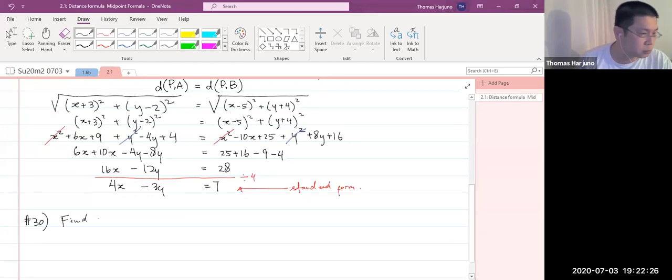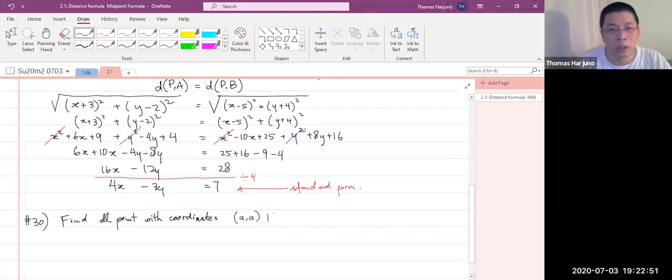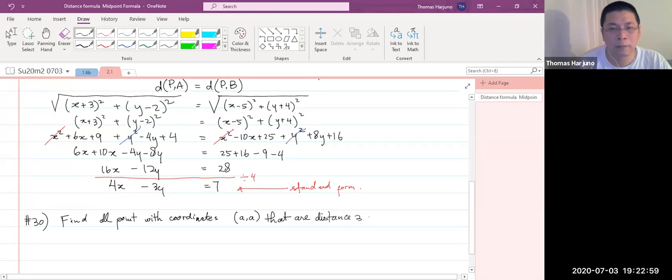Find all points with coordinates a, comma a, that are distance 3 from P, which is negative 2, comma 1.